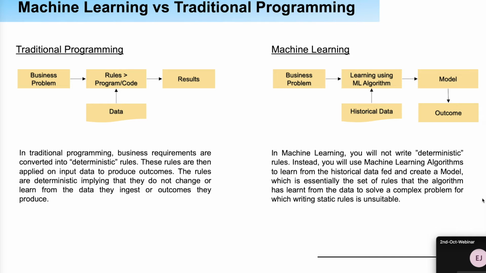You are not writing any programming rules, right? You are going to use your algorithm, which is going to write the rules for you automatically. Now, how is it going to write the rules? It is going to look at the data, find out the patterns, and encode those patterns in the way you require it to and give you the model.